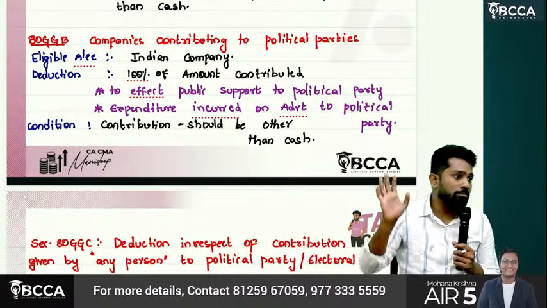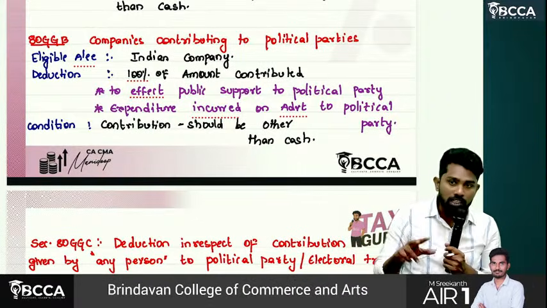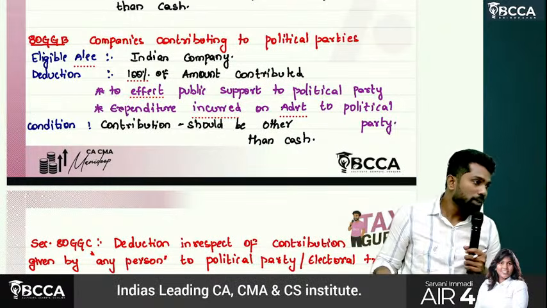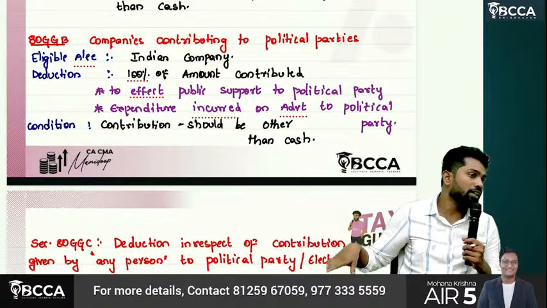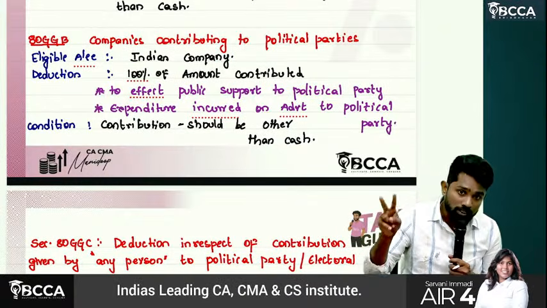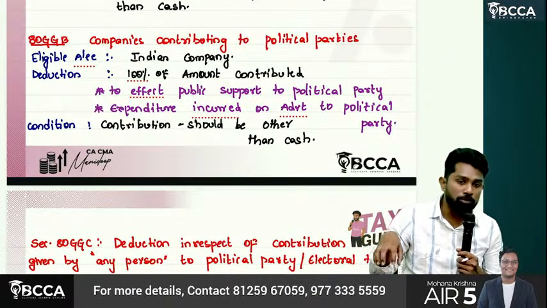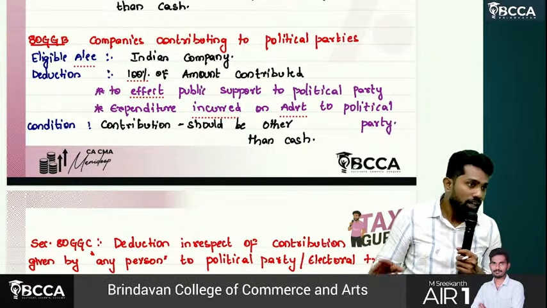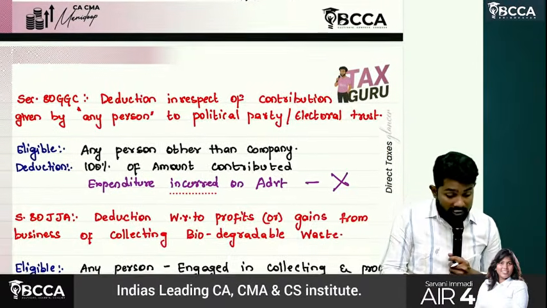Directly you are giving 10 crores to your political party. That is also eligible for deduction. Second thing, you are not giving directly, but you are spending for the programs of the political party. Let's say you put up hoardings or make some advertisements through newspapers. That expenditure is also eligible for deduction, provided such company should be what? An Indian company, and the contribution should be other than cash. Sir, for GGC there is a difference.